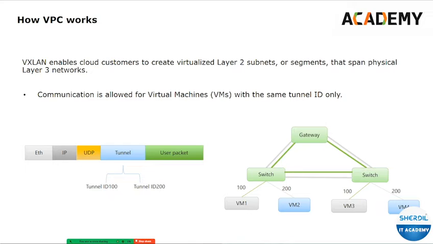If VM1 is in vSwitch 1 and VM3 in vSwitch 2, VM1 and VM3 communicate with each other, while VM2 and VM4 will communicate with each other. Until the router is here, they cannot communicate. So that's how VPC works behind the API layer.